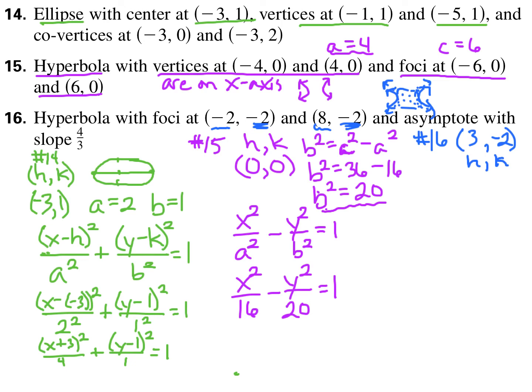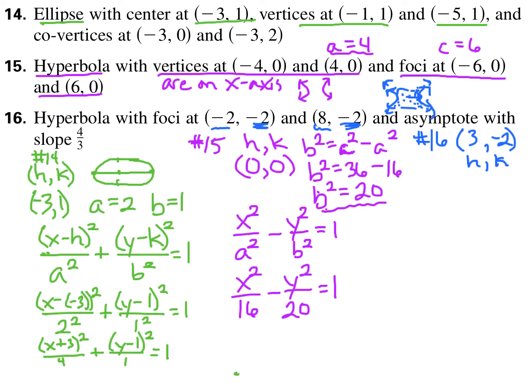Which means that the vertical direction is 4 units from the center, and let's go with the bottom number, the 3. That's the x direction. So I'm going to go 3 units in the x direction to get to my vertex.